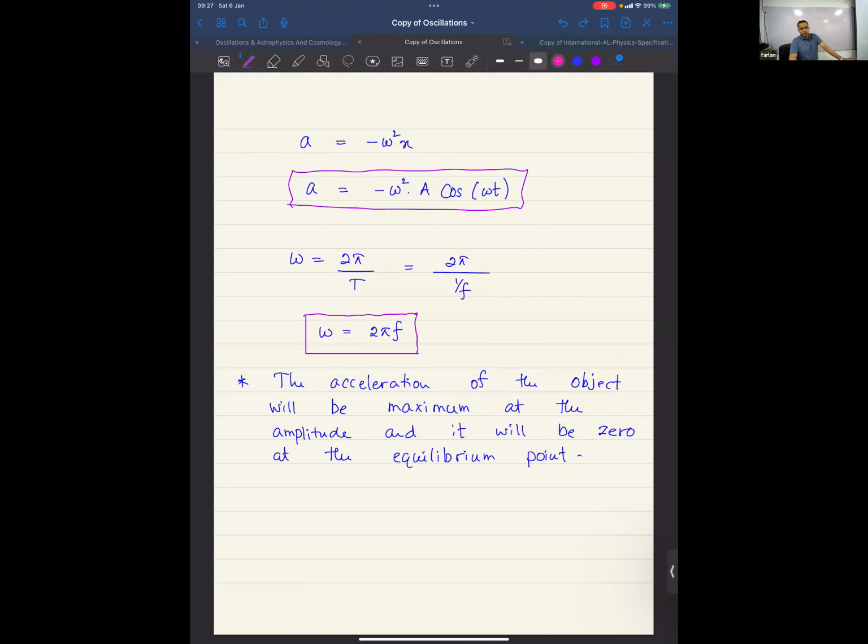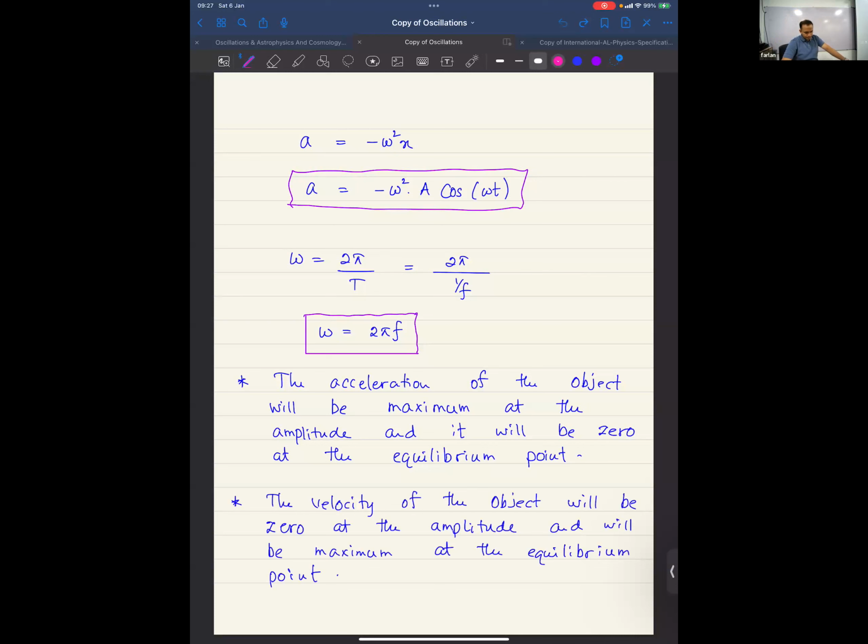a is equal to minus omega square x, so a will be 0 when x is 0. x is 0 means it is at the equilibrium point. Correct? So if a particle is oscillating, when it is at the extreme ends, the lowest point or the highest point, at the amplitude, acceleration is maximum. When it is passing through the equilibrium point, x is 0 and the acceleration is 0.